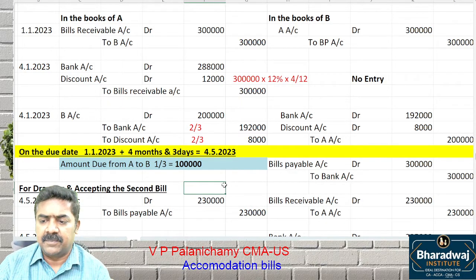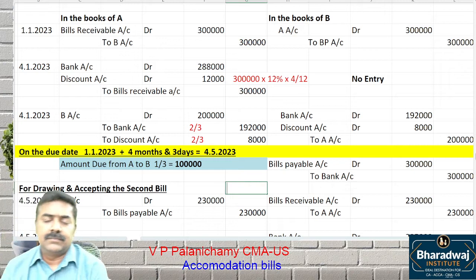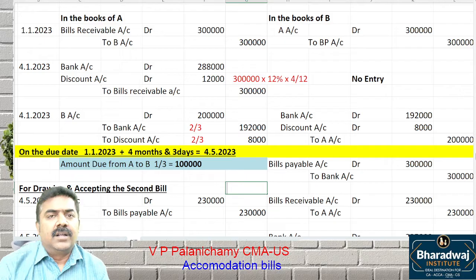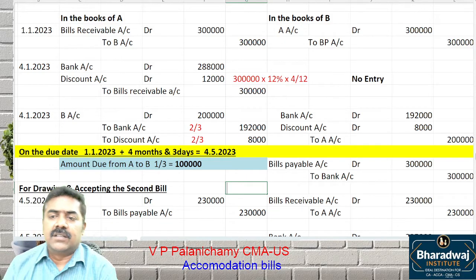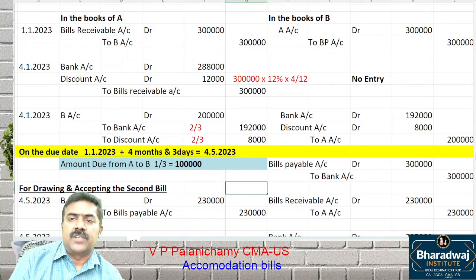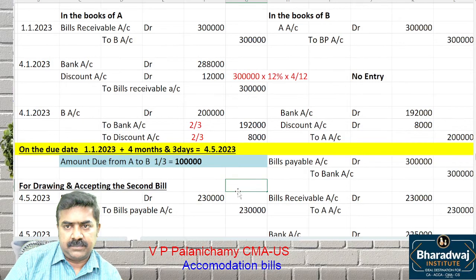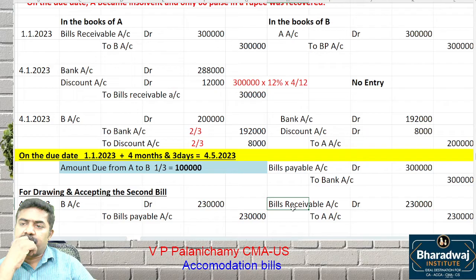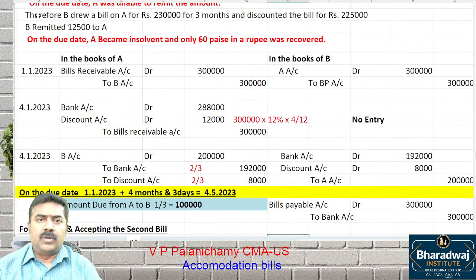Ask me. Please ask me. Now, can you pass entry for discounting the second bill in the books of B? Look at this.